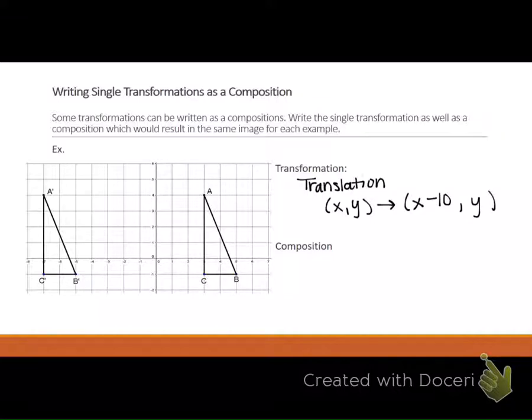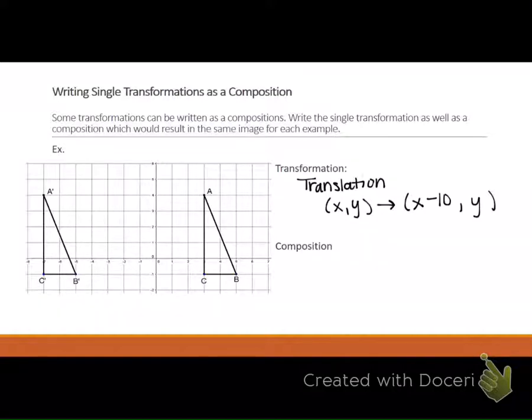Now we need to come up with a composition, which means more than one transformation. So come up with more than one transformation to get to that. What could we do? Think about it. What happens if you reflect it?